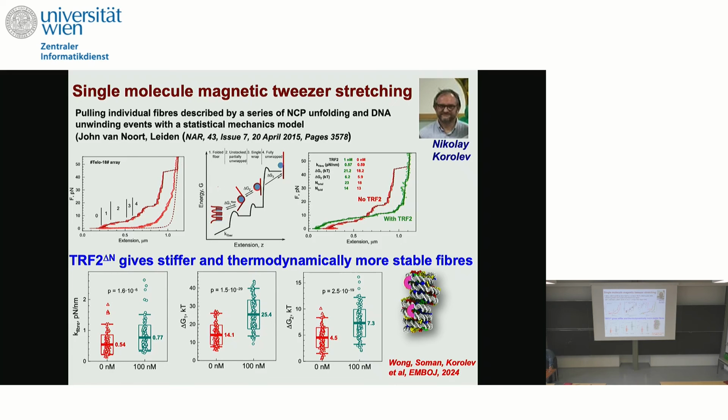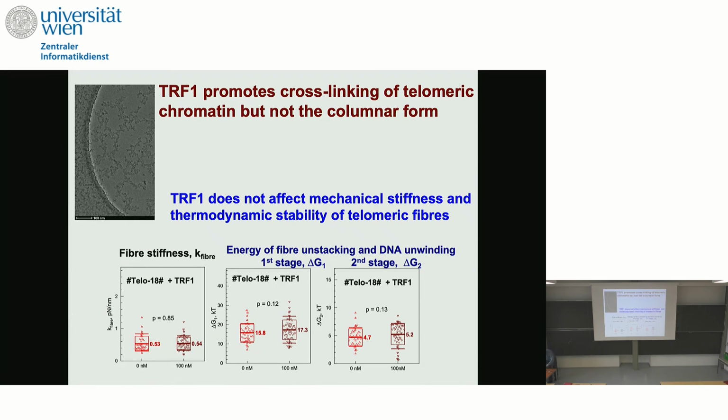And this is in quite stark contrast to the data, I'm going to finish soon, that we just recently obtained for the TRF1 protein. In negative stain EM, we don't see much of the columnar form being induced by the TRF1 protein. Instead, we see this cross-linking.